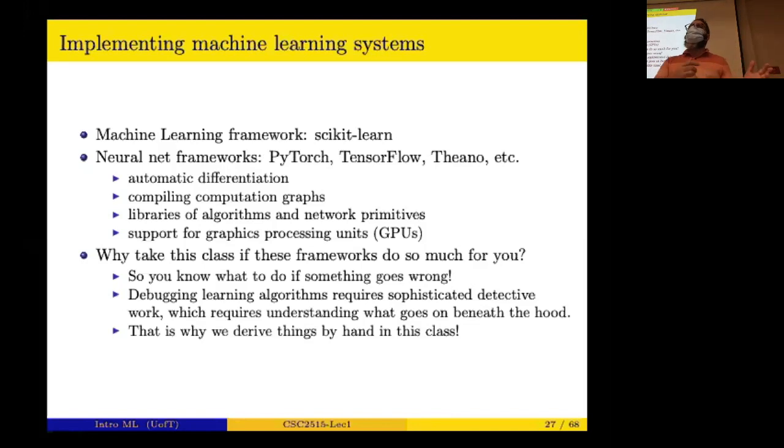You will see later that some of the derivations for neural networks can be quite cumbersome if you do them by pen and paper, so these frameworks do them automatically. But in this course, in some of the exercises, I may ask you to not use these frameworks, but implement things yourself so that you get a better sense of how these algorithms work.